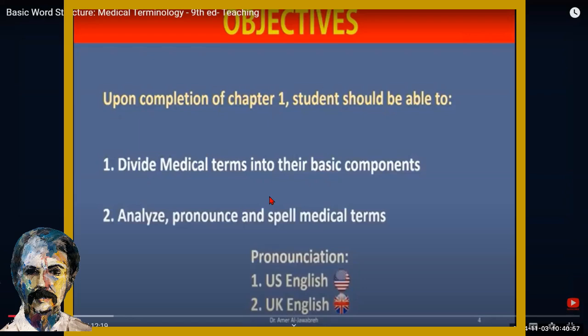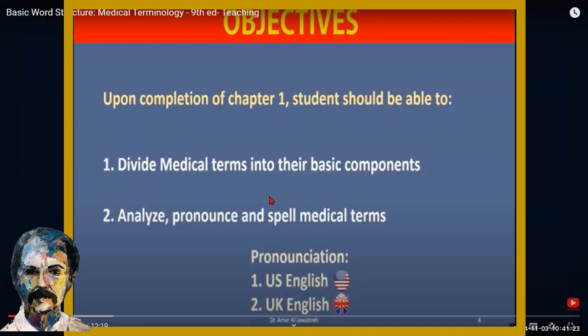If you tell me there is only one way to pronounce things correctly, I will say no. Because maybe the Americans pronounce it a little bit different. The British, even inside Britain and inside USA, sometimes there are little differences. We are going to teach you in this course, and that's something new, how to pronounce using two English dialects.